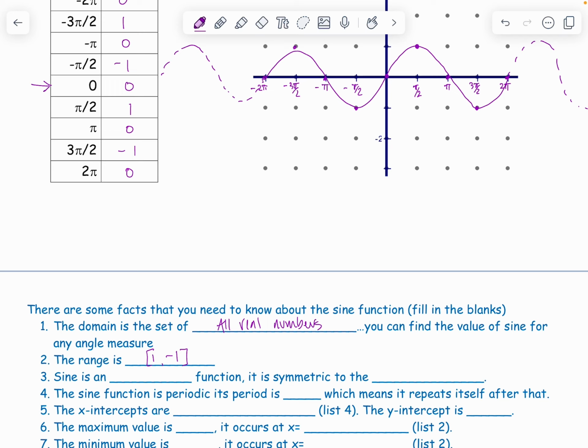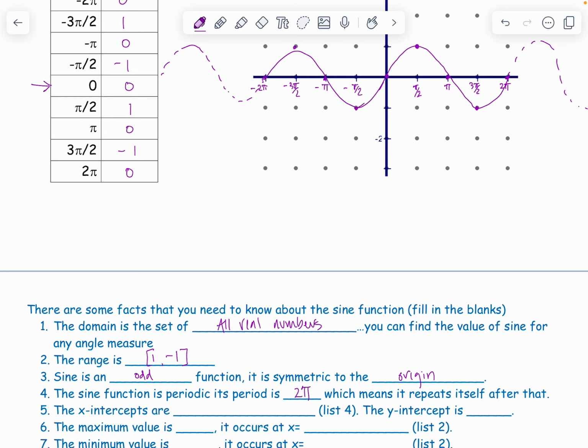The sine is an odd function, and it is symmetric with respect to the origin, which you can see: if you reflect the sine curve over the origin, then you get the sine curve that's now on the negative side of the y-axis, to the left of the y-axis. The sine function is periodic, and its period is 2 pi.